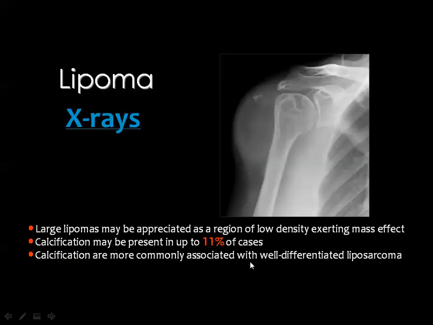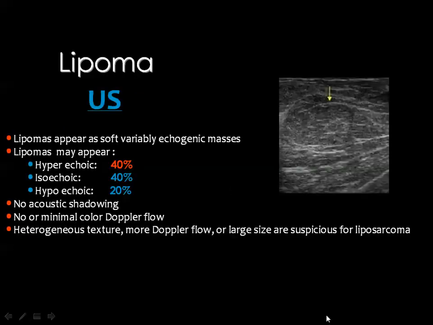And I mentioned before that in the X-ray, you can see lipoma as a radiolucent mass in the subcutaneous tissue, and the incidence of calcification is about 11% in this type of tumor. You should know that calcium is commonly seen also in liposarcoma, and this is not considered a feature of a benign lesion.